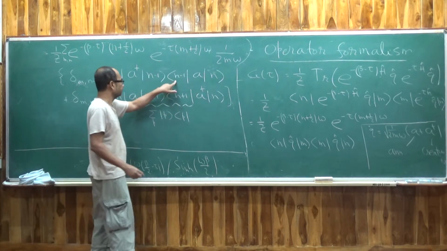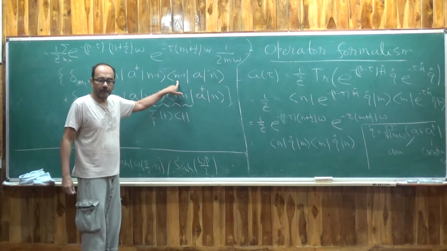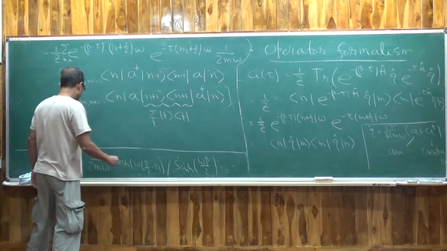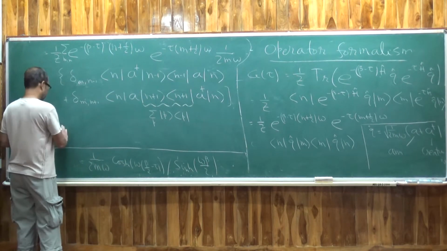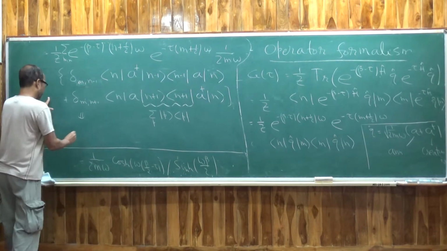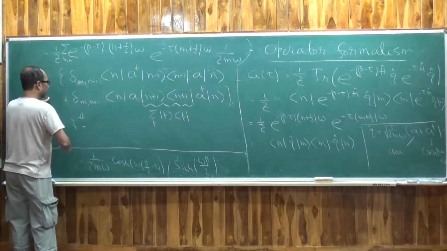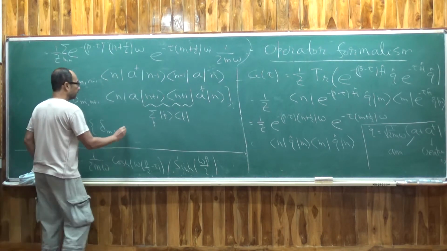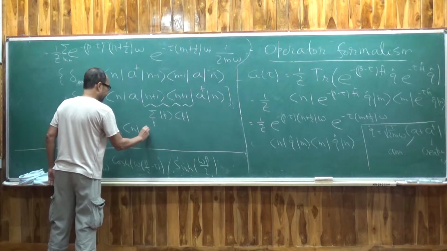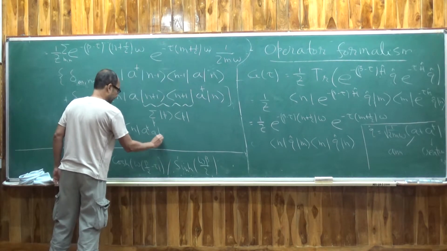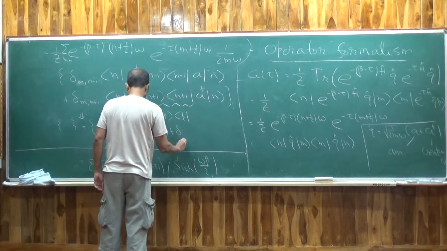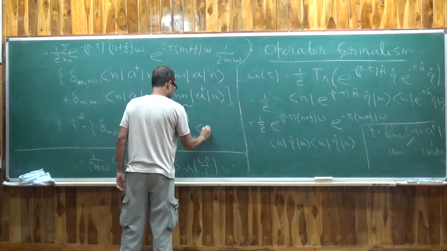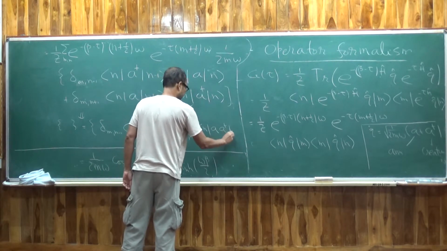Similarly, this one, again I can replace by sum over p, |p⟩⟨p|, and that's identity. So I can now rewrite this curly bracket part as delta m, n minus 1 ⟨n|a† a|n⟩ plus delta m, n plus 1 ⟨n|a a†|n⟩.